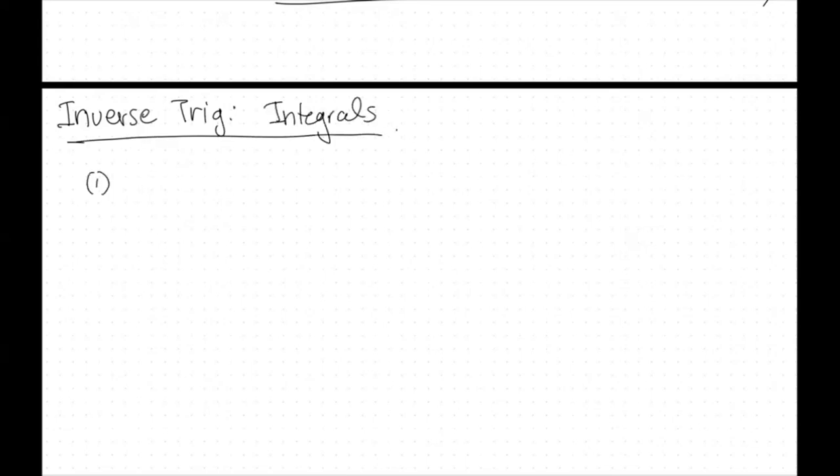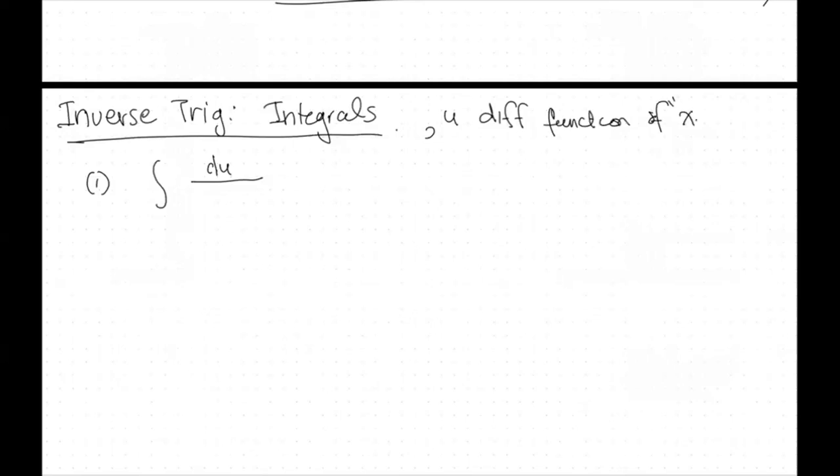So the first one is the integral of this form. Here u is a differentiable function of, say, x. When I say x, it's the independent variable. But you can replace this with t or whatever variable of integration you want.